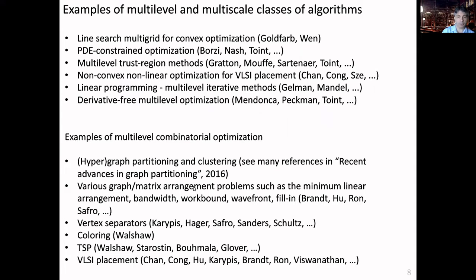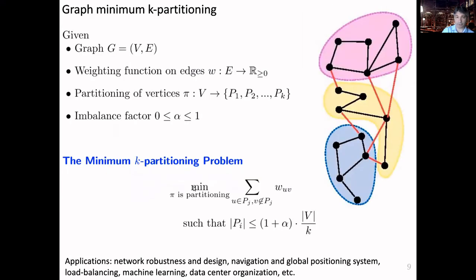So the first problem that I will show the results and the coarsening scheme for is called the graph partitioning problem. This is a classical NP-hard optimization problem. The goal is to split the set of nodes into k parts. Like in this example, we have 3 parts. And the constraints are that the size of each part, the number of nodes at each part, is approximately the same.